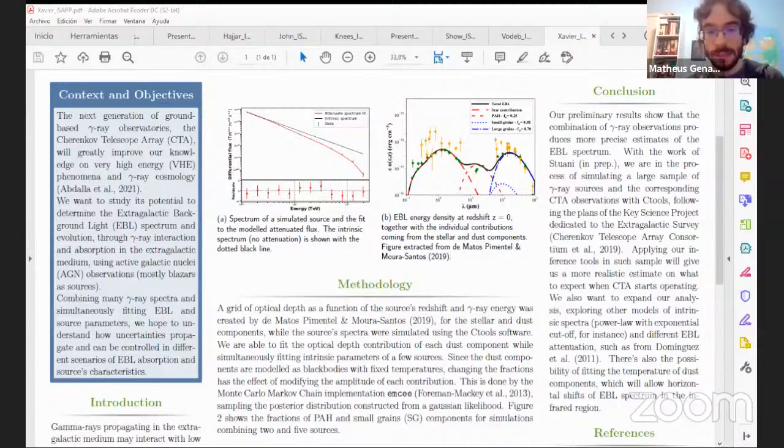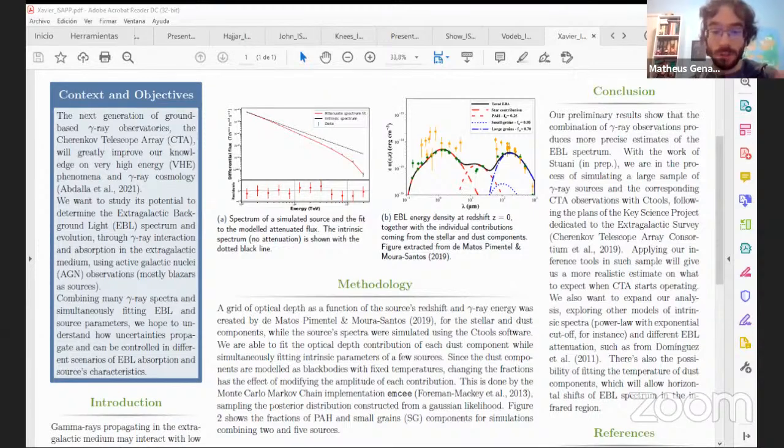So the idea, since we are simulating the observations, is to change the true EBL spectrum, the true attenuation. For instance, if we simulate sources whose flux is absorbed according to Domínguez's model, we can study how, using Finke's model, we can reproduce or not the attenuation that Domínguez predicts. It's to study those types of things.